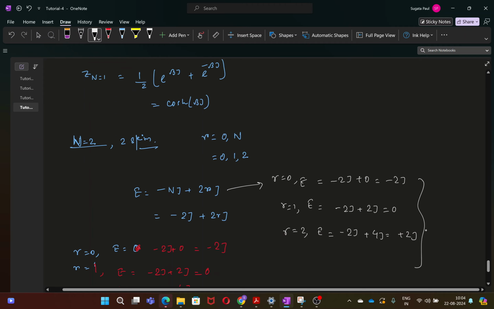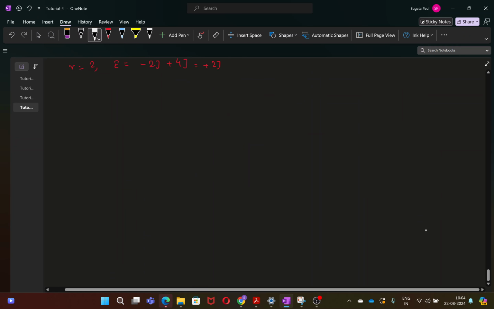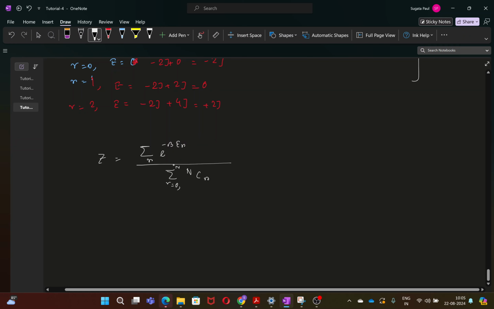And you have to again calculate the partition function like the earlier one. The formula followed in this case is some kind of averaging of the partition function, meaning that you not only have to take the sum over R of e to the power of minus beta E_R, where R is the index denoting the different allowed energy values, but also divide by the sum over nC_R, where R is from 0 to n.